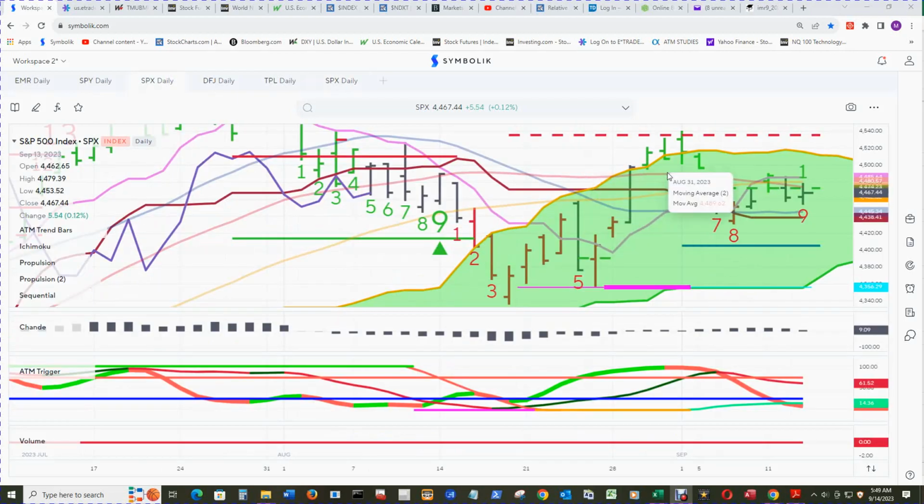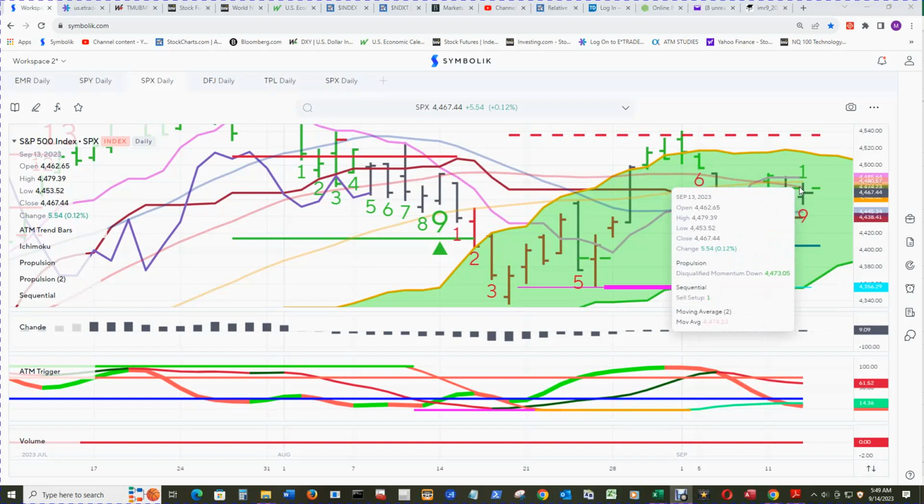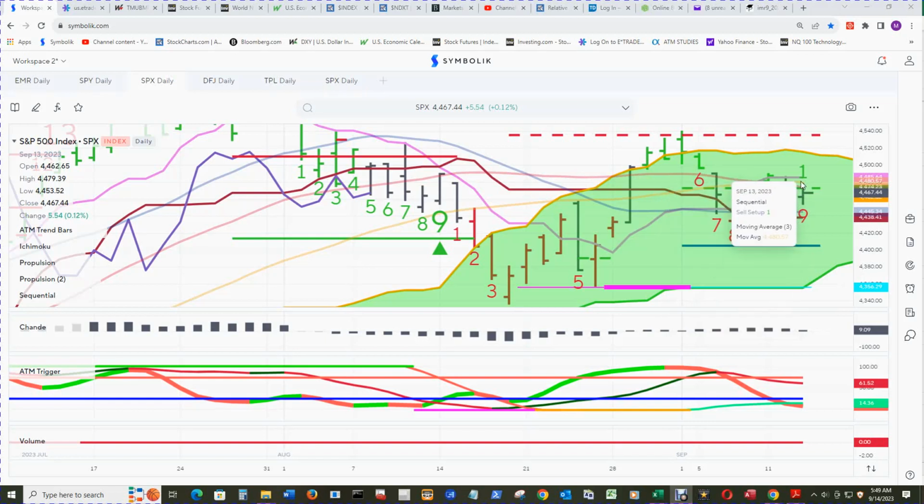This faint red 35 EMA is at 4474.23, and right above that is the 50 simple moving average at 4480.57. So the 35 is still under the 50, and the 20 simple moving average is still under the 35. We need to get that 20 back above the 35, and then we're on our way up, I would say.